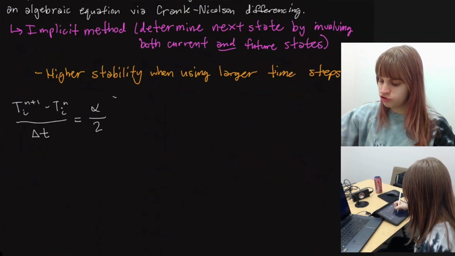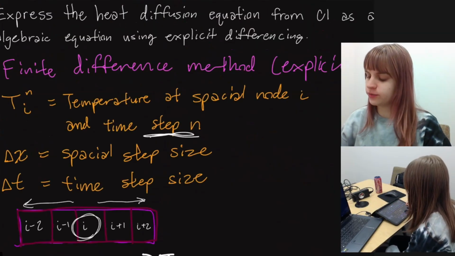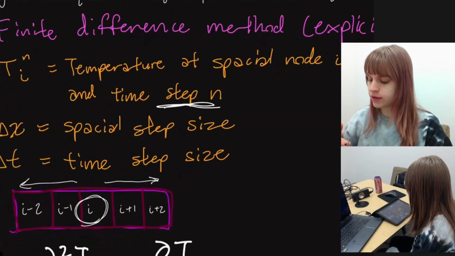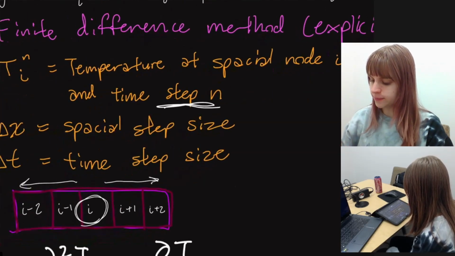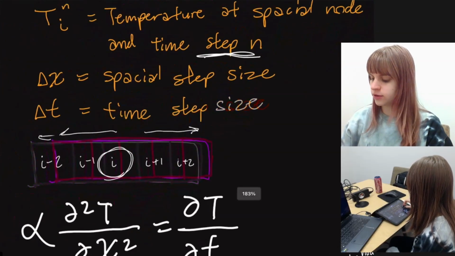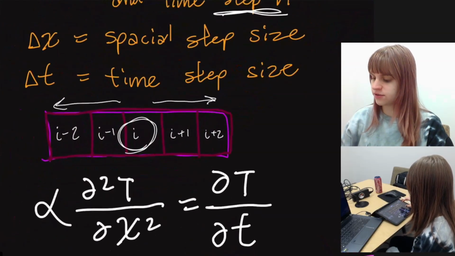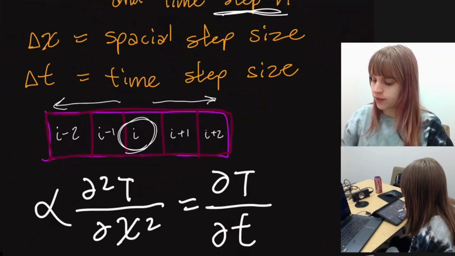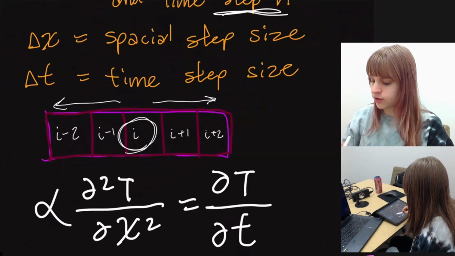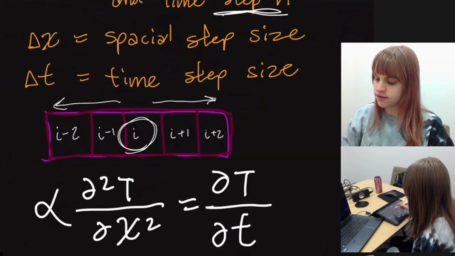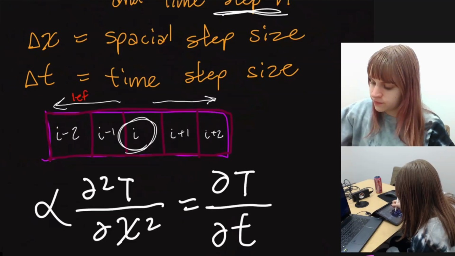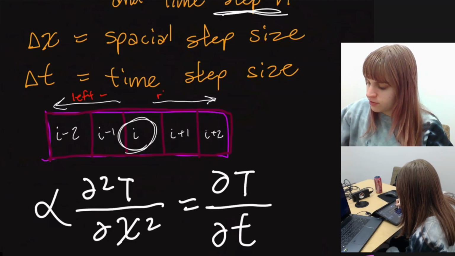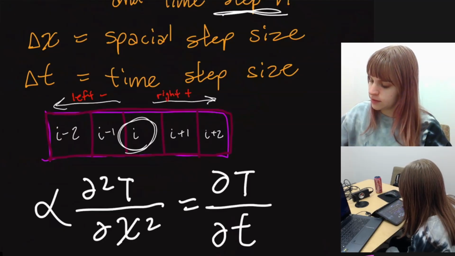Before I go any further, I did want to touch on the previous video. When I edited back through it, I did try to highlight my errors, but I would like to quickly review that because it's similar to what we're doing now. I just want to reiterate that negative, so i minus 1, i minus 2, etc., is to the left, and i plus 1, i plus 2, etc., is to the right.